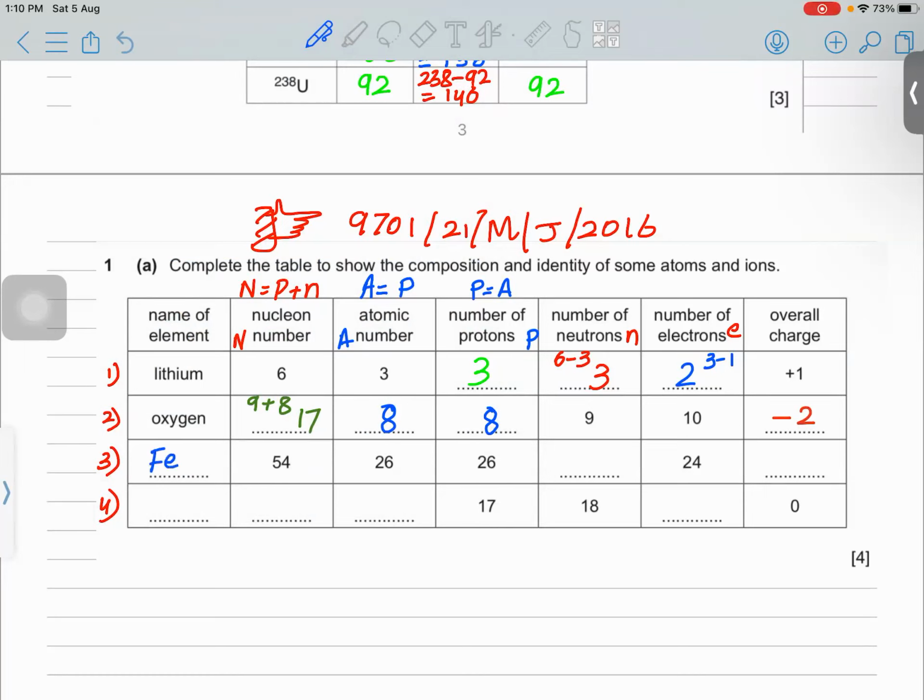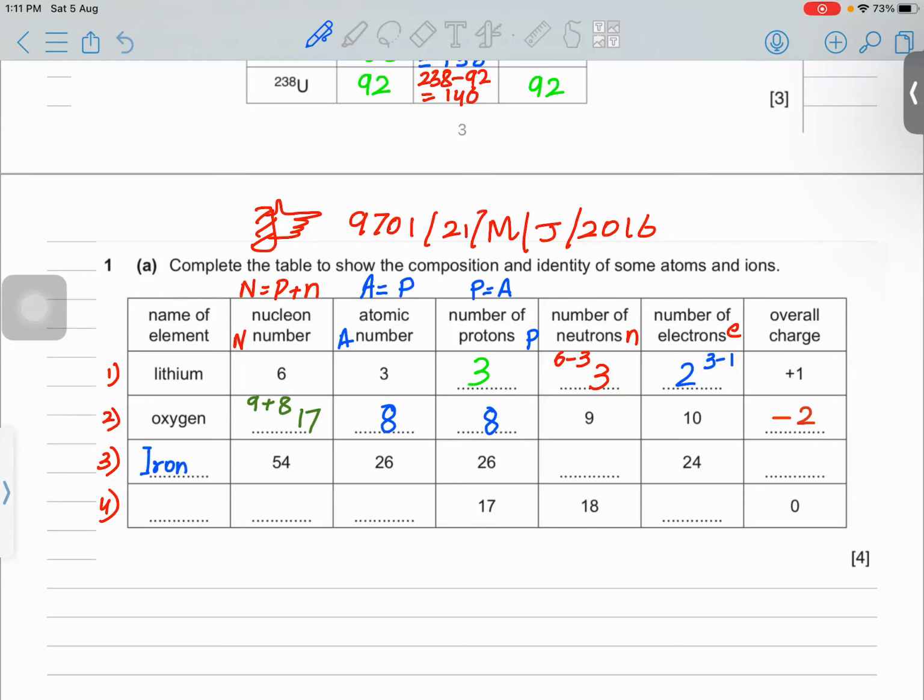No, you're just going to write iron, the whole word itself. Okay, because lithium and oxygen are written in full. That's why it's better to write iron. I-R-O-N, iron. Okay, now the number of neutrons. The number of neutrons is going to be around 28, I think.